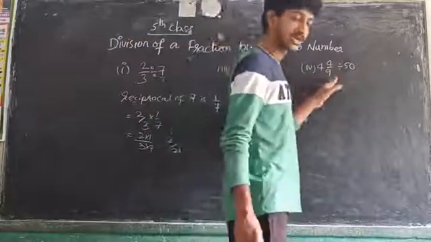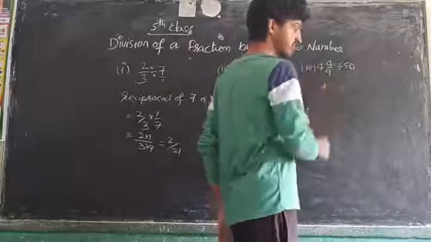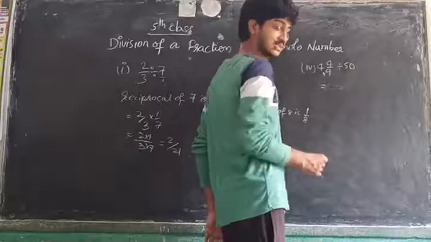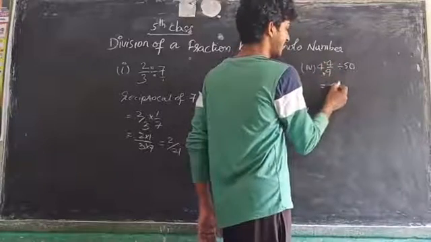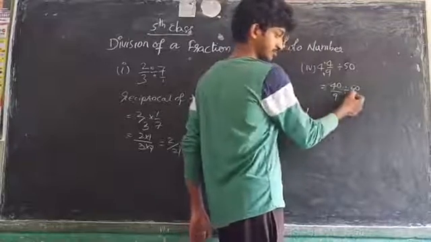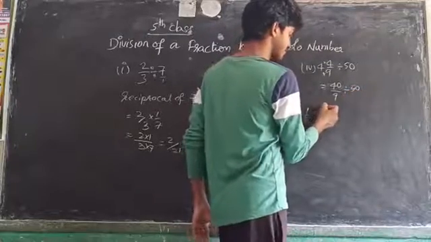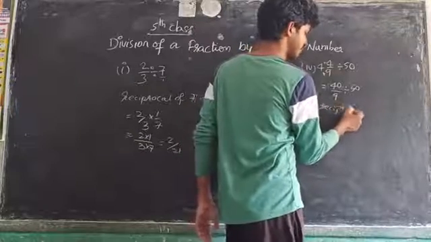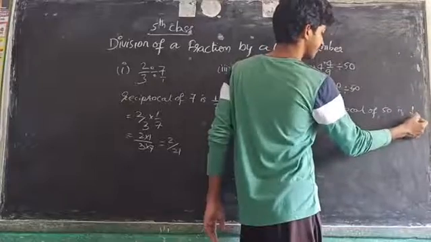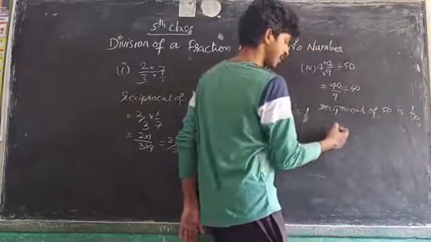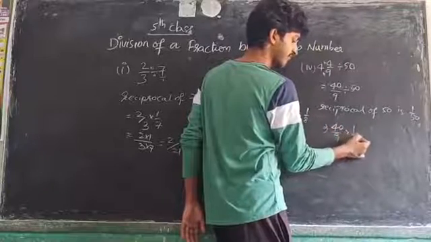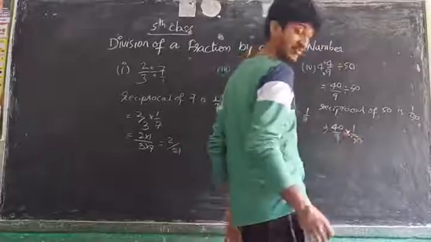Okay, now see this. It is also a mixed fraction. Convert this into an improper fraction now. So 9 fours are 36. 36 plus 4, 40, so 40 by 9 divided by 50. Now write the reciprocal of 50. Reciprocal of 50 is 1 by 50. Okay children, now multiply 40 by 9 with the reciprocal of the divisor, which is 1 by 50.